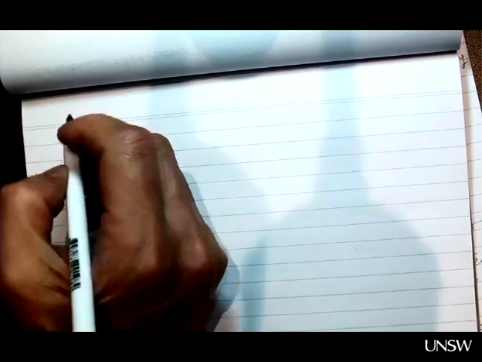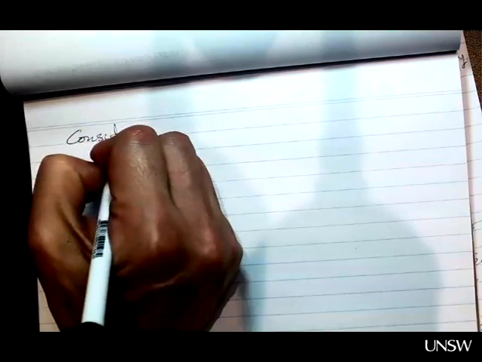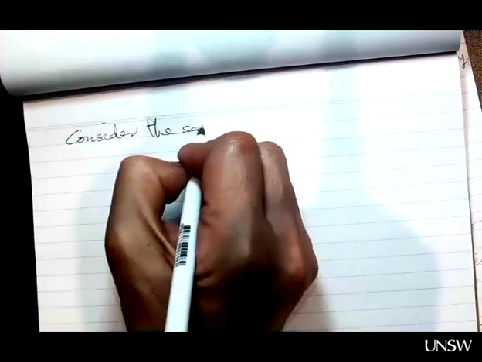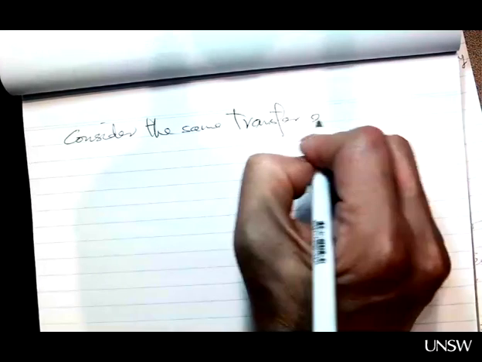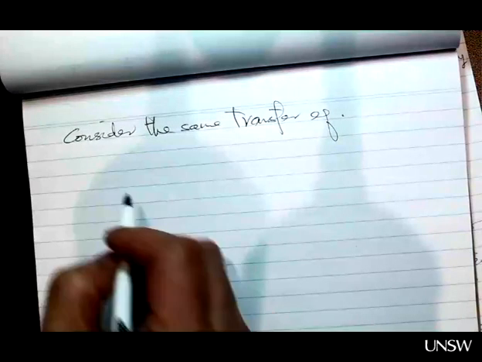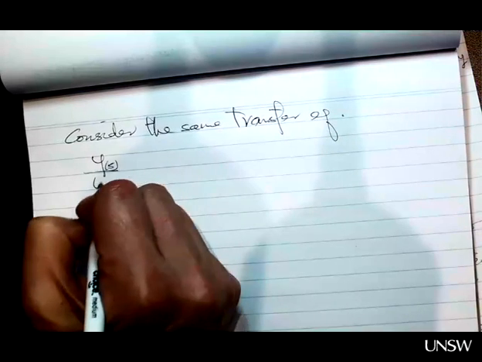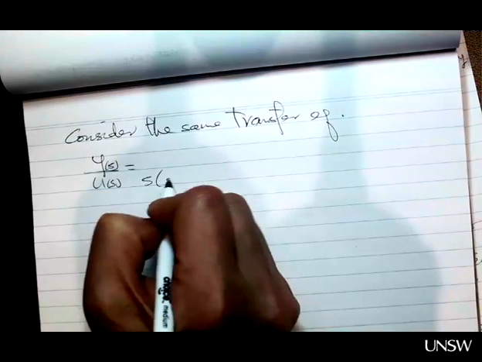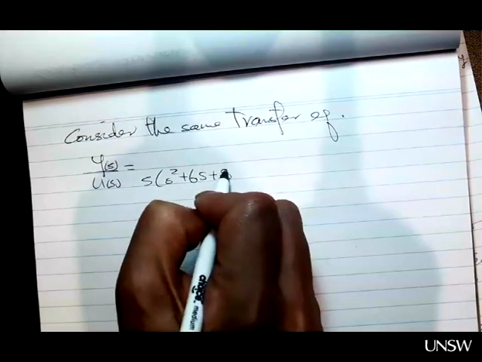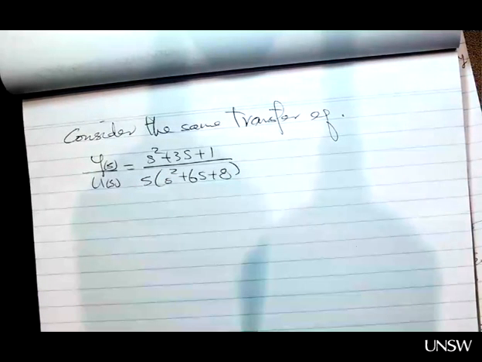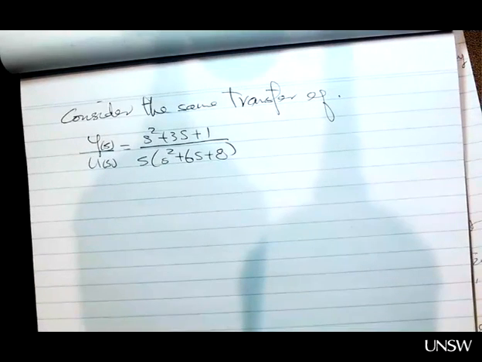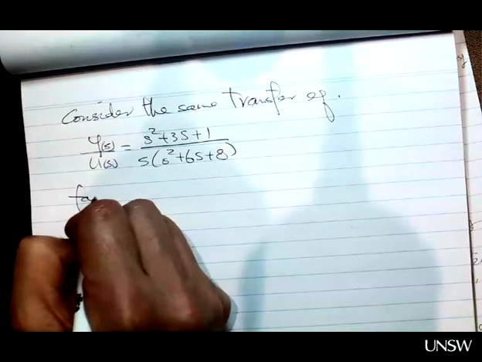So for another method, we consider the same transfer equation. That is Y of s over E of s. So we try to factorize the denominator.